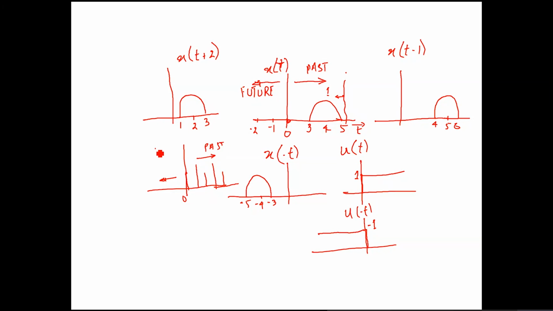And whenever we have x of n minus 1, it is actually delaying it, shifting it right by 1. And whenever we have n plus 1, it is shifting left, advancing it. So the whole time axis is being advanced or delayed by 1 time unit. This is basically the concept, and this will become clear as we take examples. You will see that the whole thing becomes more clear.